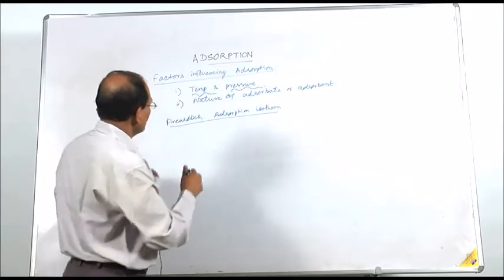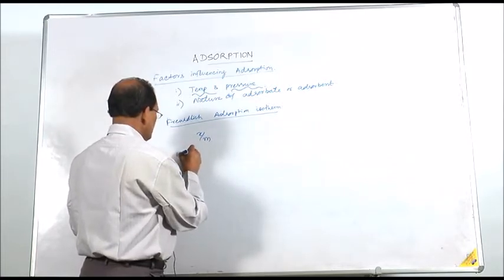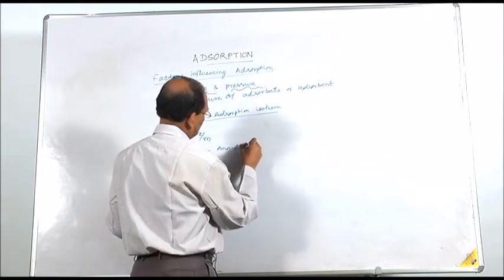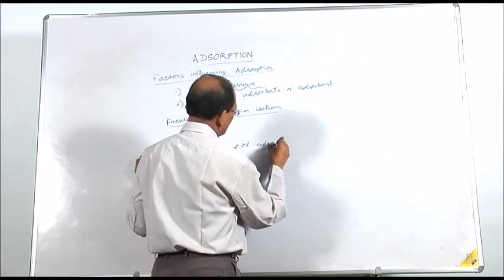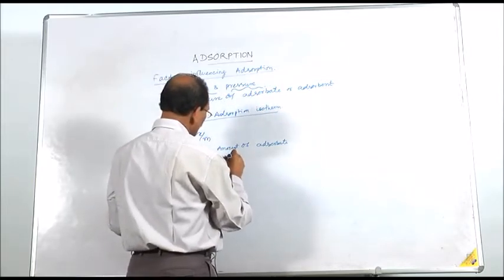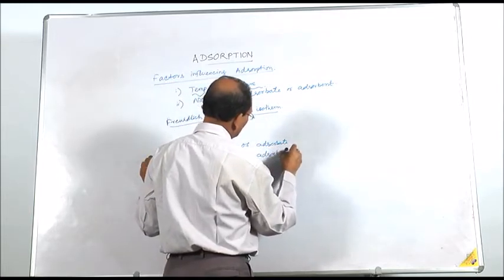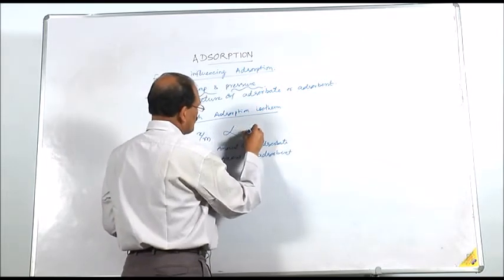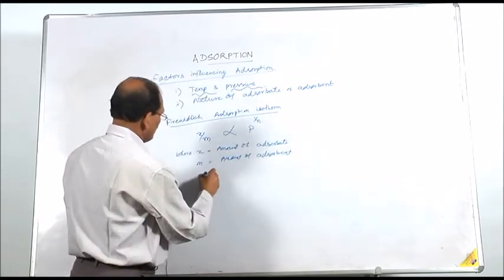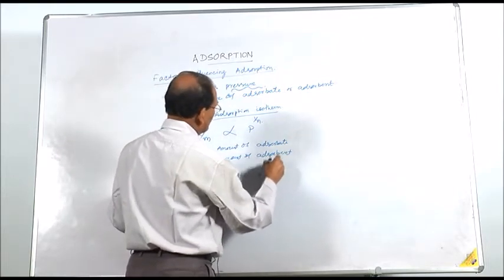So, adsorption means the amount of adsorption x by m, where x is the amount of adsorbate and m is the amount of adsorbent, is directly proportional to pressure to the power 1 by n, or it is x by m is equal to k into p to the power 1 by n.